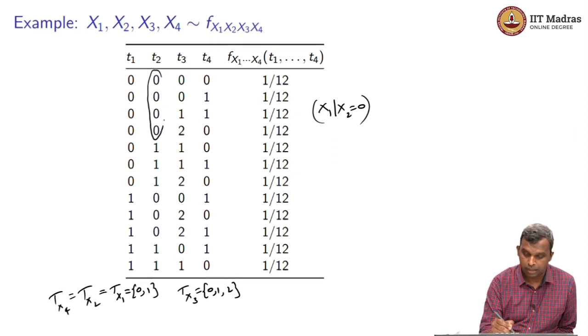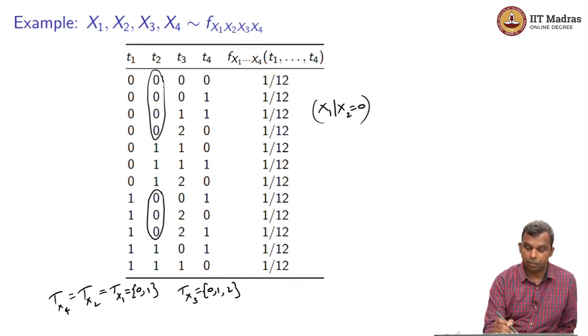So this guy and this guy, that's it. I don't have to worry about anything else. So the PMF of x1 given x2 equals 0, evaluated at say 0, is the joint of x1, x2 at 0 comma 0 divided by the marginal of x2 at 0.